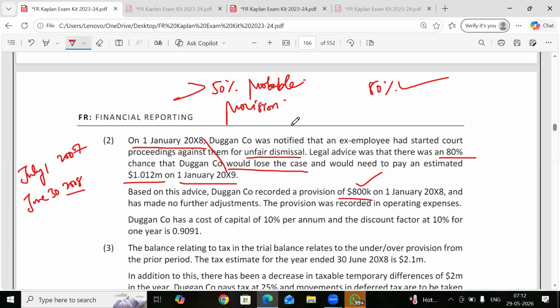So here there is more than 50% chances that they will lose the case.